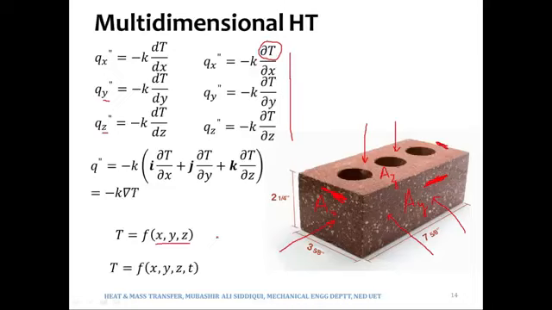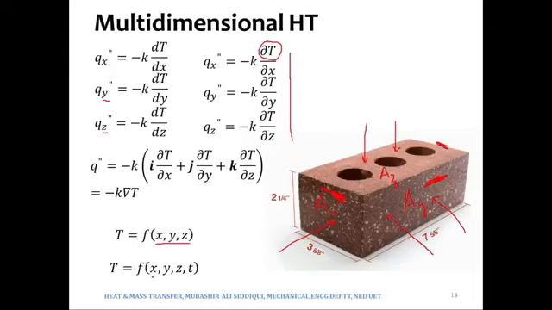We would have those sorts of equations which tell us that we have the multi-dimensional heat transfer case. So now T would be varying in x, y and z directions.